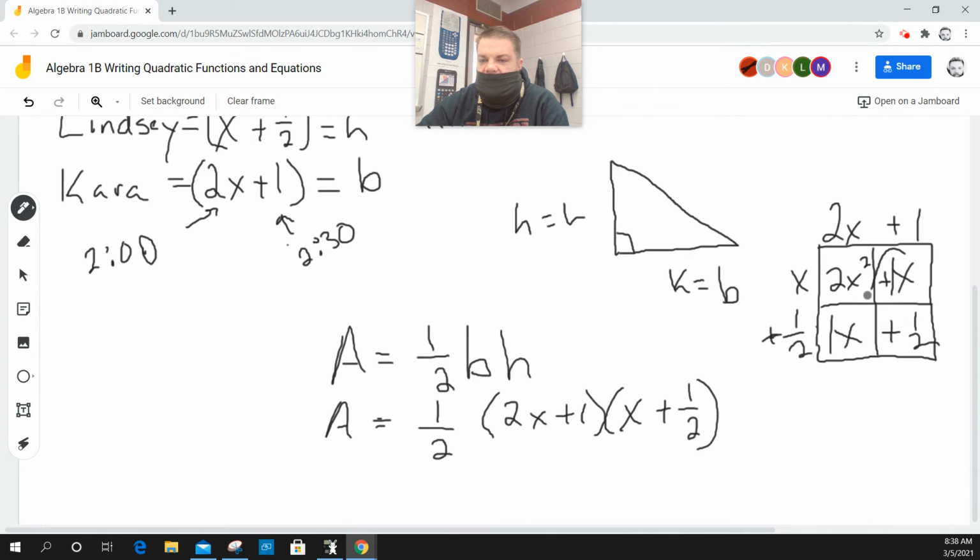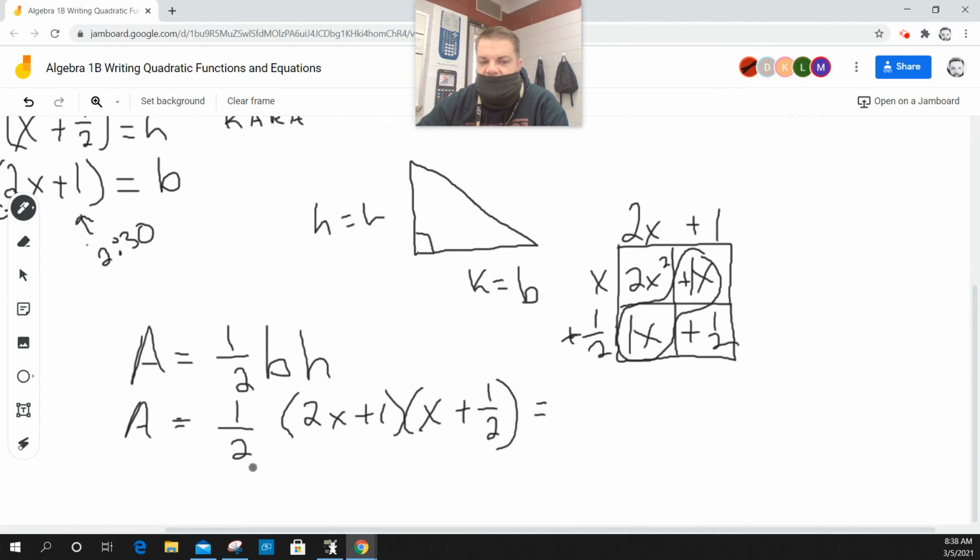So all that stuff, if I combine the like terms, I'm going to tack on this 1/2 right here. But all this stuff is equal to 2x squared, right?